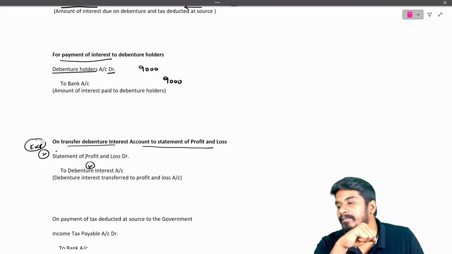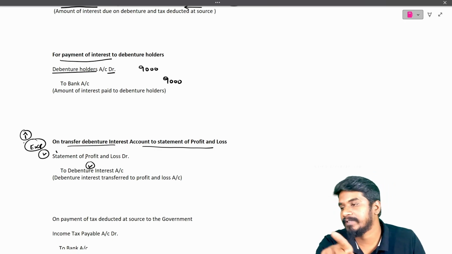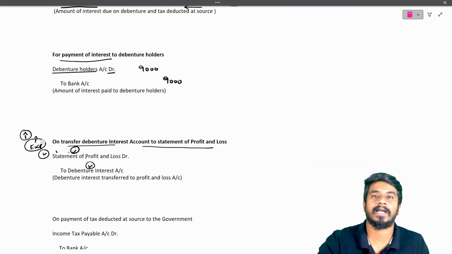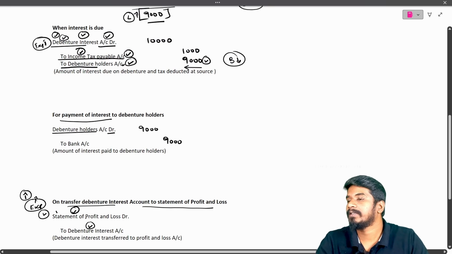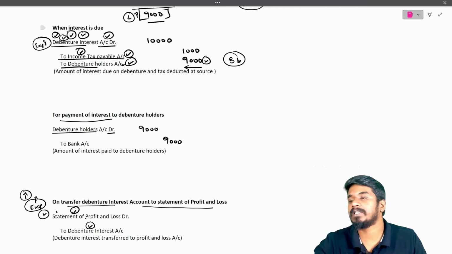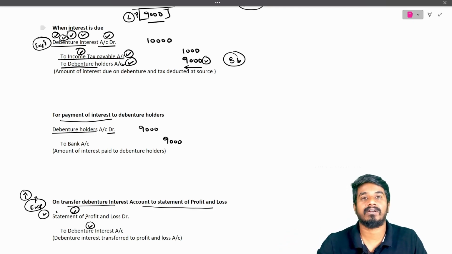Expenses are coming into the profit and loss account, which means expenses are increasing, so obviously we need to debit it. Now the second thing is we have debited the interest account already. If we want to transfer it to the profit and loss account, we need to reverse it.